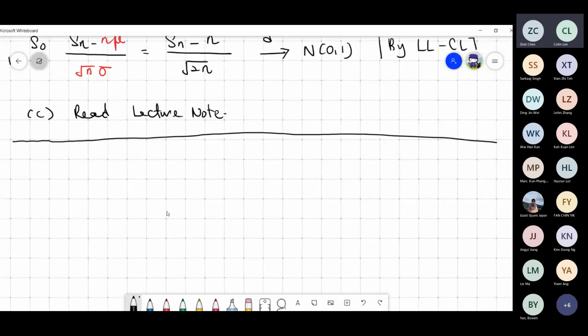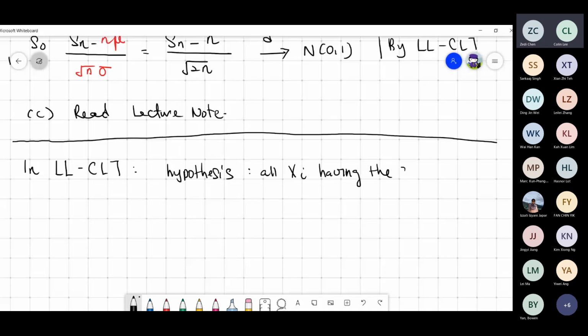If you refer back to the hypothesis for this first version of the central limit theorem, the Lindeberg-Levy central limit theorem, we assume that all xi have the same distribution.